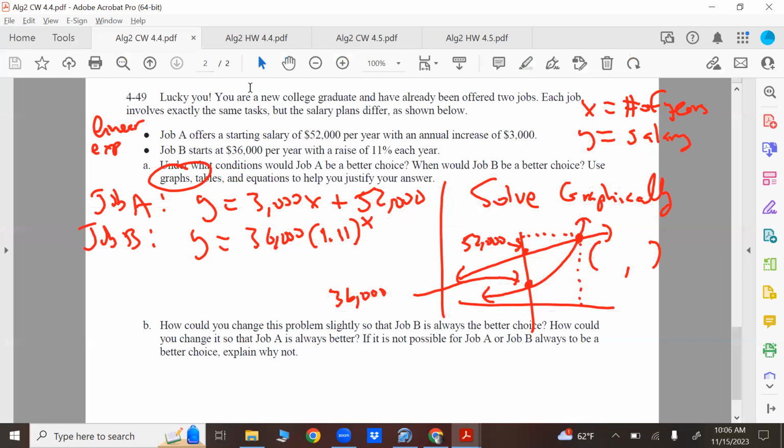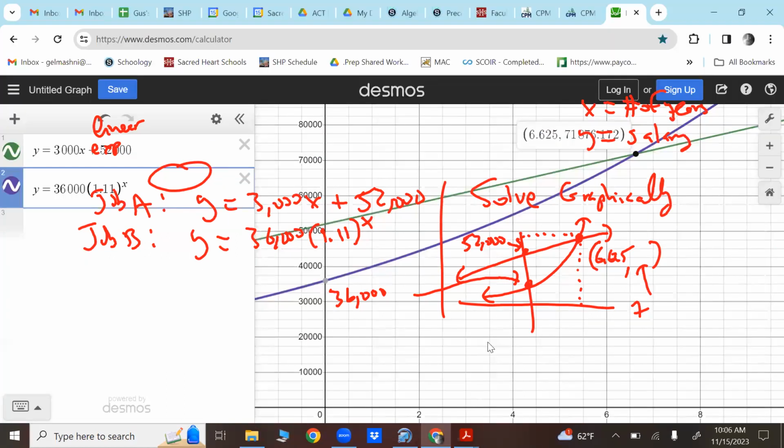I'll show you what I just did in a sec. 15, negative 15, 7,000. I think I agree. It is 15 years in the past, actually. That makes sense.